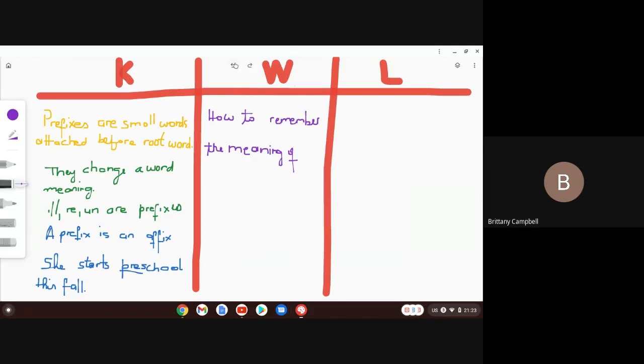Okay, let me write this a bit better. The meaning of each prefix. All right, so is there anything else that we need to know? Is there anything else that we want to know? Yes? No? Not a problem.